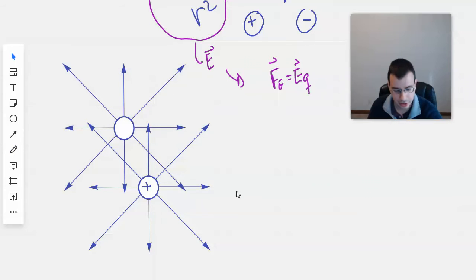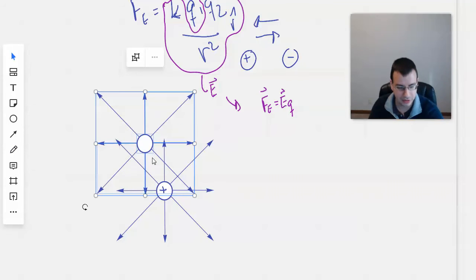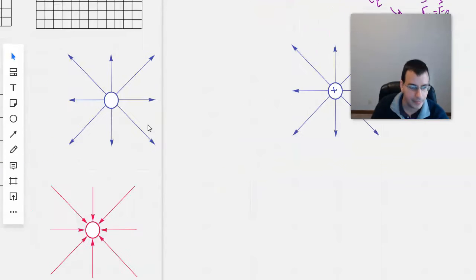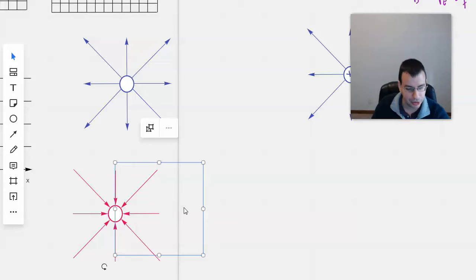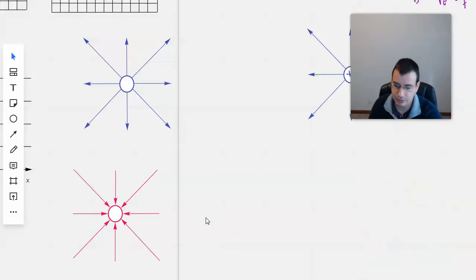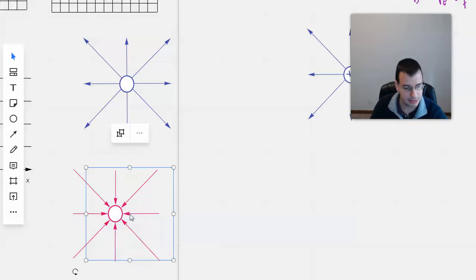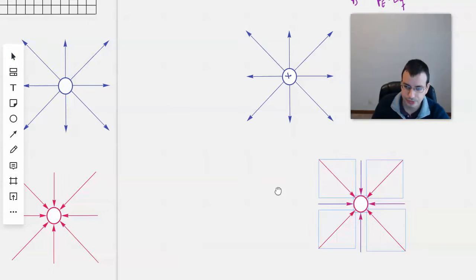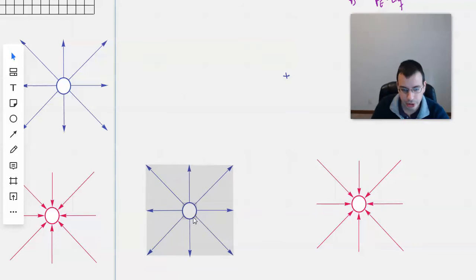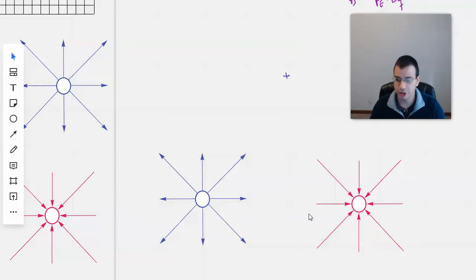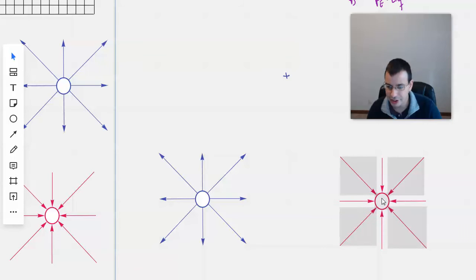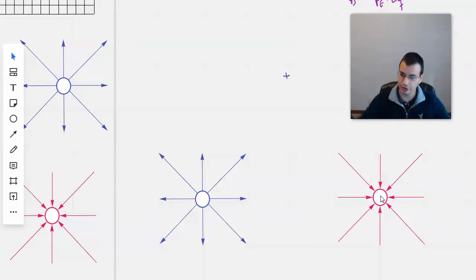So to go over some conventions of electric fields, we have electric fields for positive and negative. Nope, I wanted this one. Copy, paste. There we go. So looking at Coulomb's law, for a point charge, we know that the force is radially symmetrical, same in all directions.